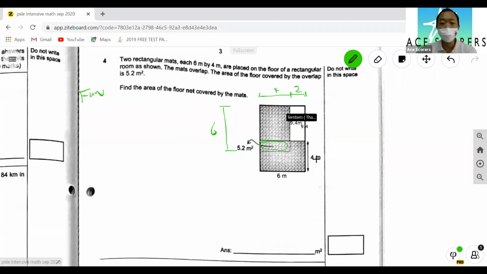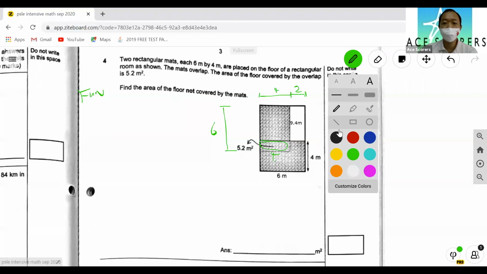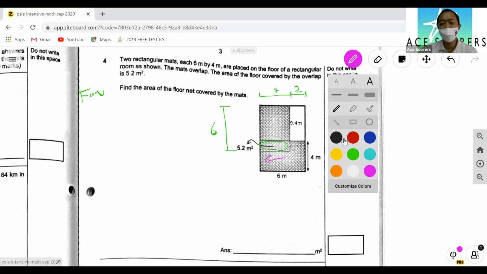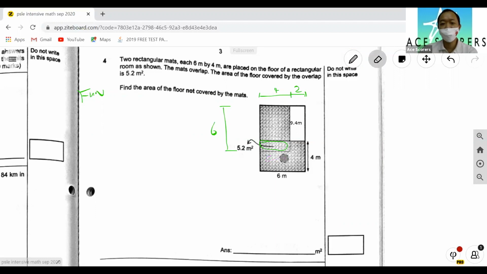Which one is 4? Where's 4? Yeah, here is 4. Good. So if you know here is 4, then change color. Choose. Think. Red, usually red is better. Okay, good.